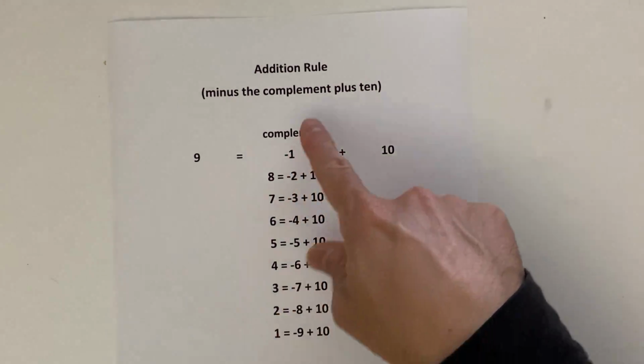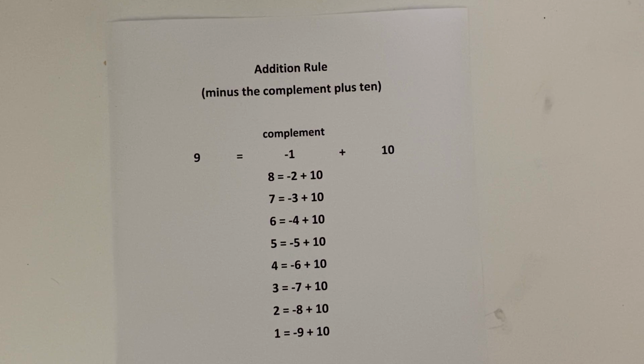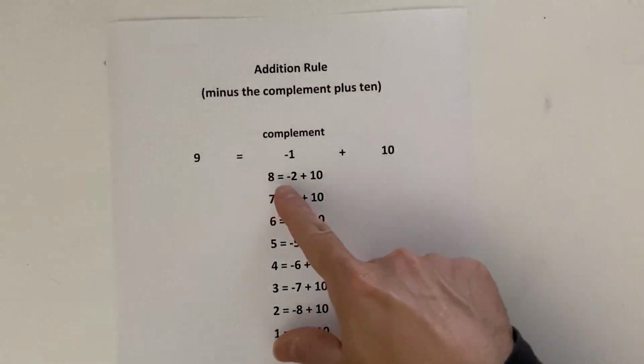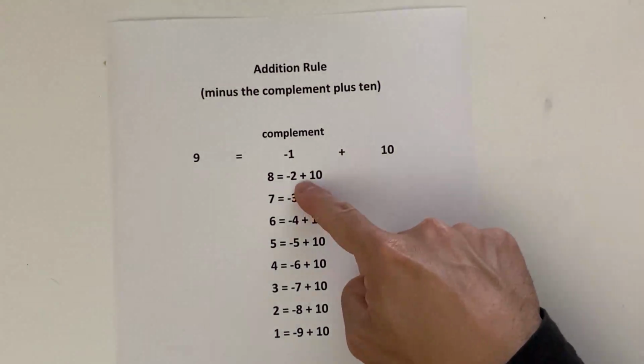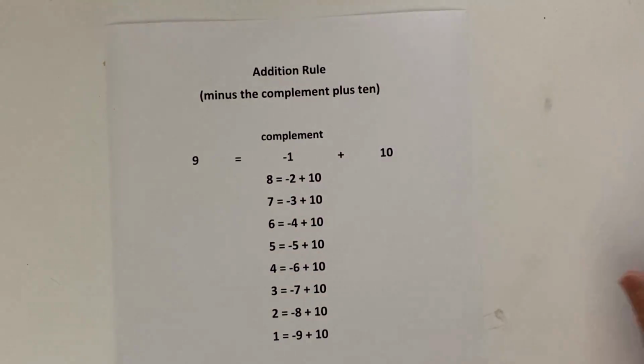And so the operation rule, the addition rule here, is that we minus the complement and then we plus 10 in the abacus. Similarly, if we are adding 8 and we don't have enough beats, then we minus 2 from the abacus and add 10 to the abacus.